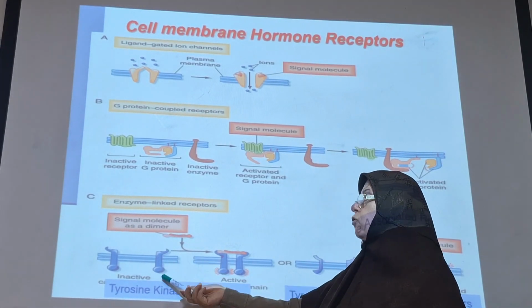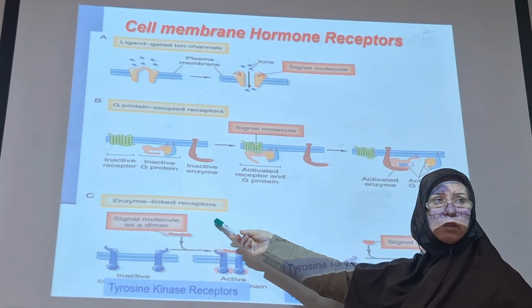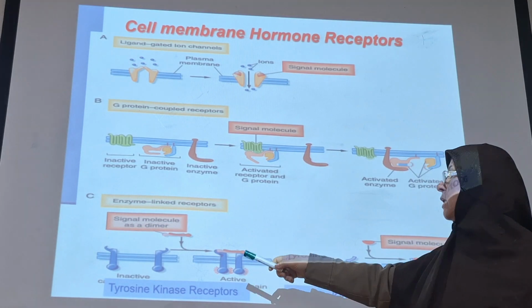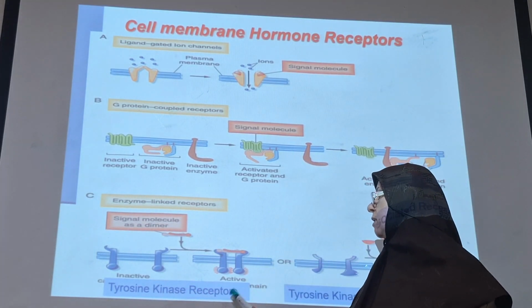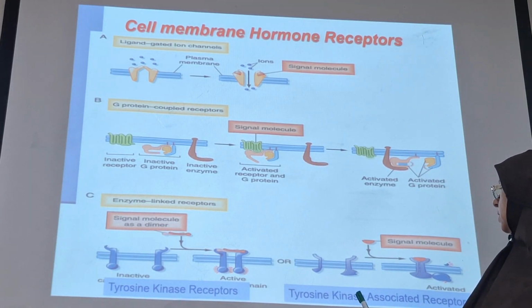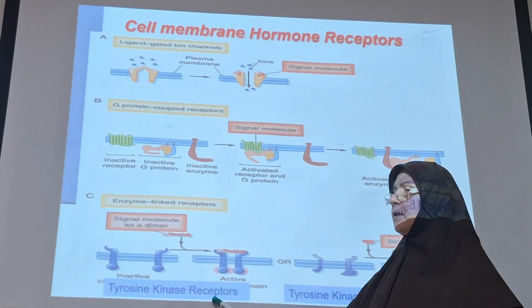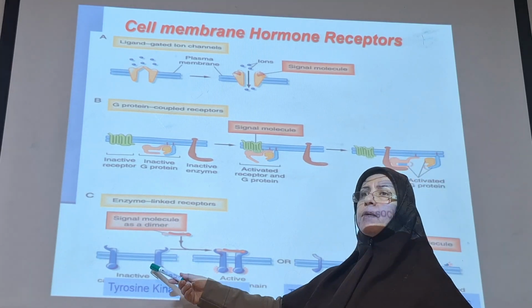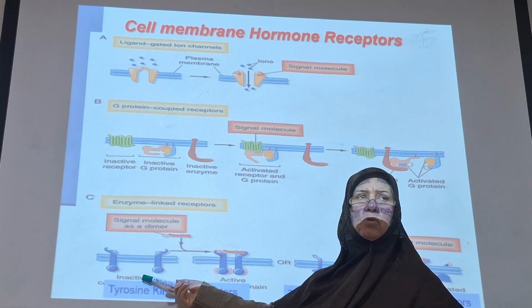Okay, two enzyme-linked receptors are important for us. The first is the tyrosine kinase receptor, and the second is the tyrosine kinase associated receptor. First one, for example, the insulin receptor.